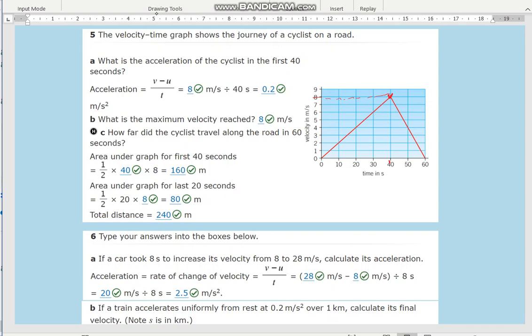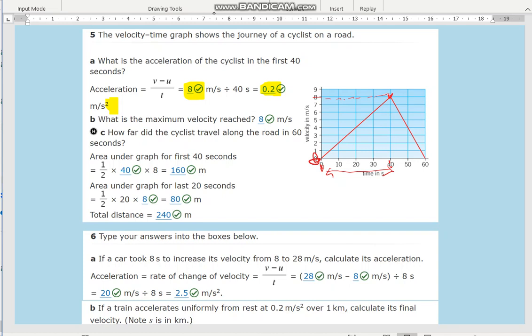The initial velocity was 0, at 0 seconds. So 8 minus 0 gives us 8 divided by the time from 0 to 40 seconds. So 8 divided by 40 gives us 0.2 meters per second squared. Don't forget the unit for acceleration is meters per second squared.